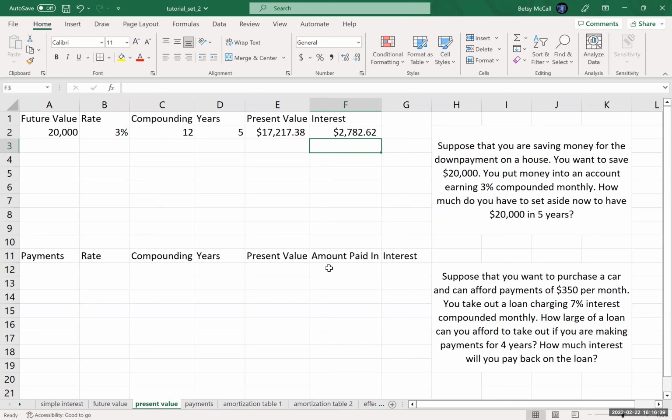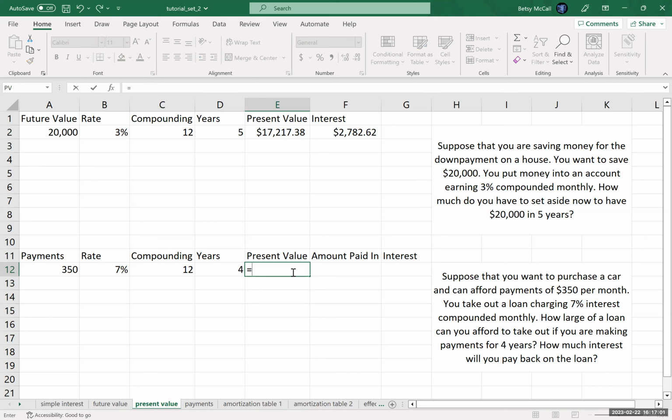So again, we're going to fill out our table in order to organize our data. Payments is 350. Our rate is given as 7%. The compounding number of periods per year is 12. Years, we put in 4 years. And so again, the present value.